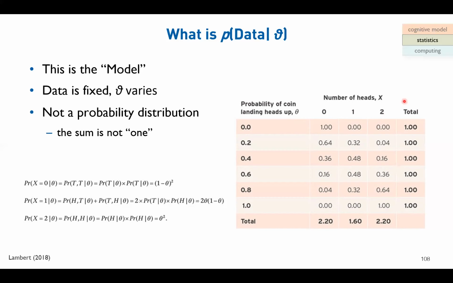So those are the possible data we could have. And suppose that we have different coins, and we have, let's say, 6 coins. And for each of these 6 coins, we do twice of the experiments. What is different about the 6 coins is that the probability of each coin landing heads up, theta, differs.